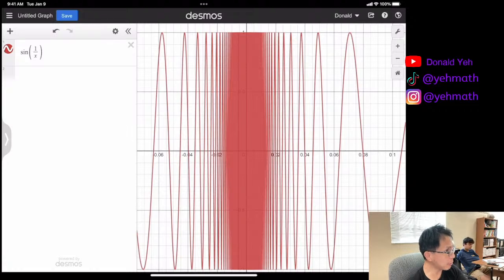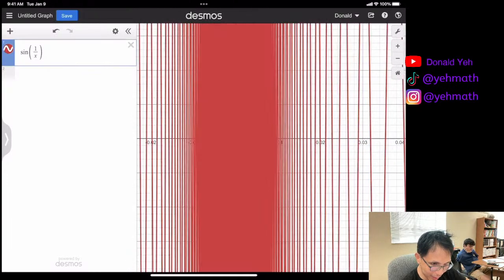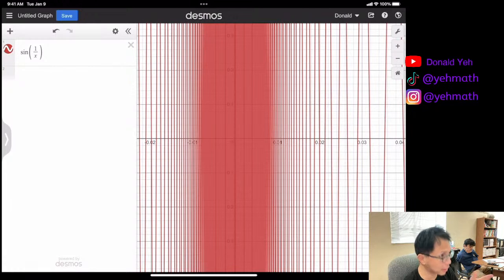Nobody knows, because the hand gets faster and faster as it goes into 0. And there's no way you'll know, because this graph is not able to tell. It's basically all the graphs crumbling together.